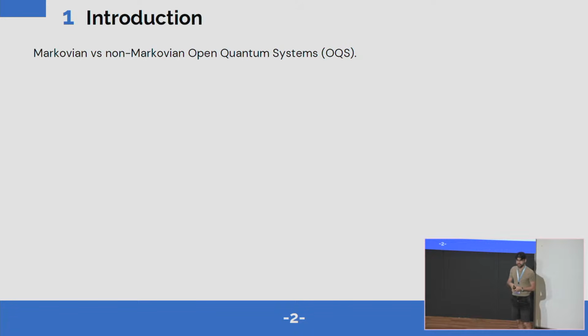If the environment has no memory of its past, meaning that the evolution of the system only depends on its present state, then we have Markovian dynamics. But if the evolution also depends on its previous history, then we have non-Markovian dynamics. And this is the one I will be focusing on in this talk.